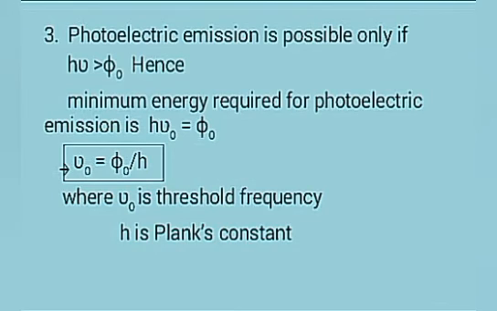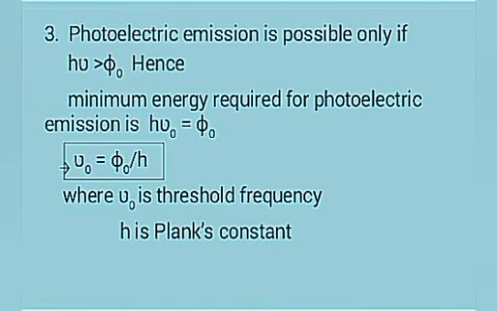In the equation E equal to h nu, E is energy, nu is frequency. If energy is minimum, that is phi naught, frequency is minimum, nu naught. Hence, the equation can be written as phi naught equal to h nu naught. So from this equation, nu naught can be written as phi naught divided by h.